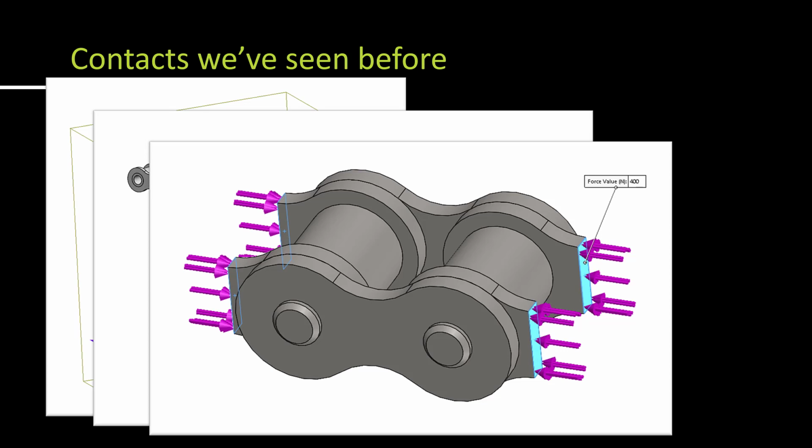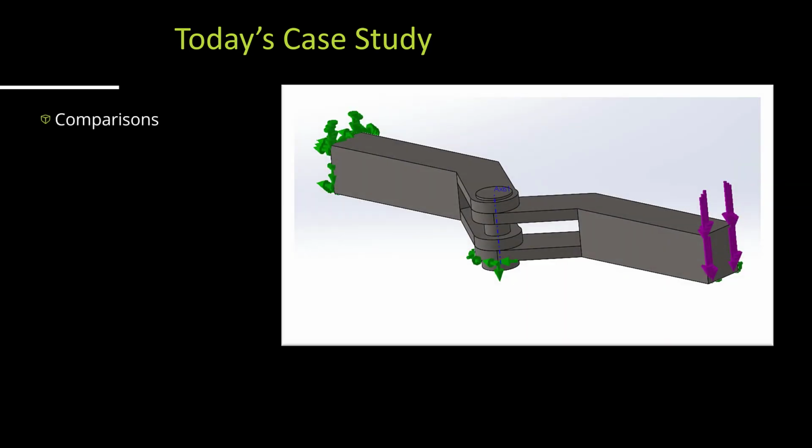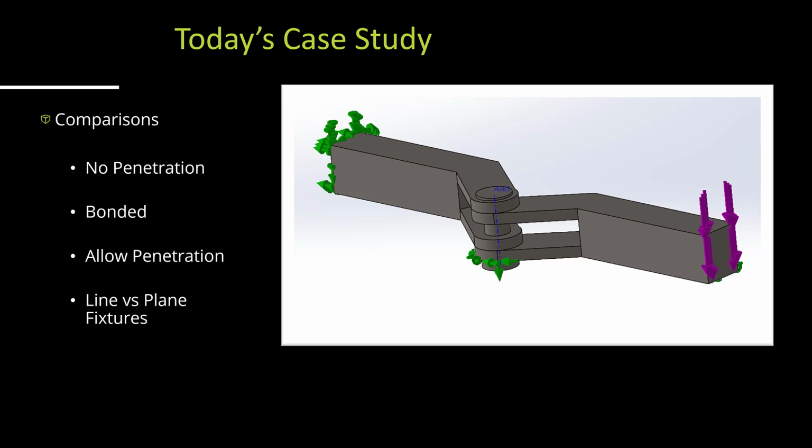So yeah, we've seen these around, but what I wanted to talk about today brings in a lot of other concepts. I wanted to compare what no penetration contacts really mean, bonded contacts, allow penetrated contacts, lines versus planes, and how we fix our models. Because if we have faces touching each other, we're going to have a lot of forces loaded onto that.